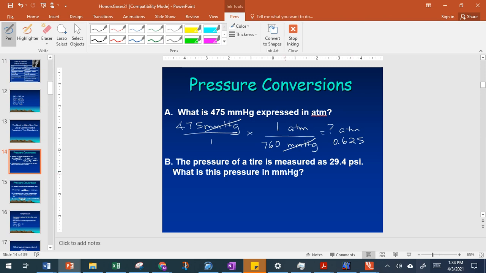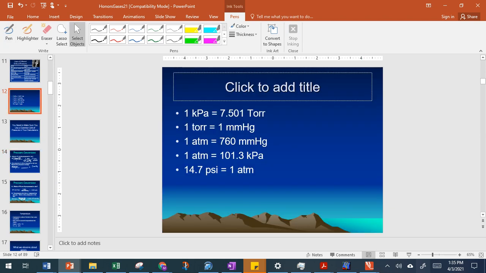In the bottom one here, we have a problem where we have PSI, or pounds per square inch, and millimeters of mercury. So we're starting with 29.4 PSI times, and we want to get to millimeters of mercury. If we go back, we see that 14.7 psi is equal to 1 atm, and 1 atm is equal to 760 millimeters of mercury.